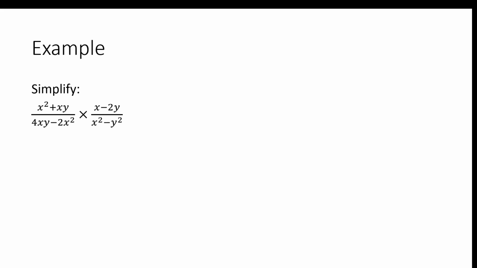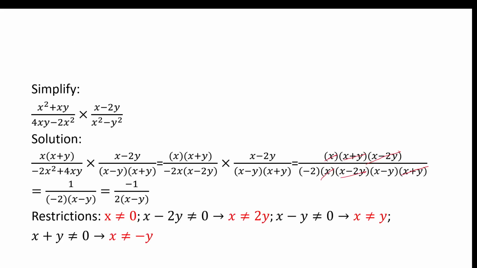Okay, now what if we have the situation shown? Well, we see in the first numerator an opportunity to factor out x and be left with a second factor of x plus y. In the first denominator, we see an opportunity to switch. So we just switch that over.